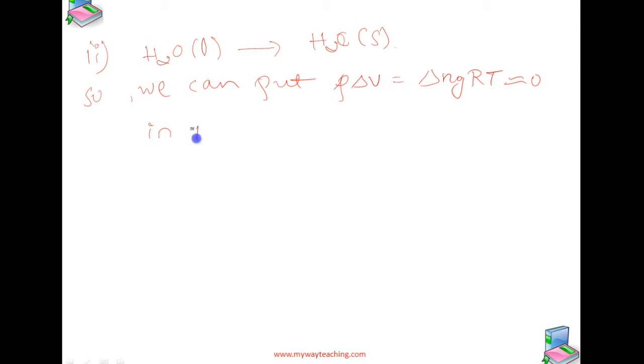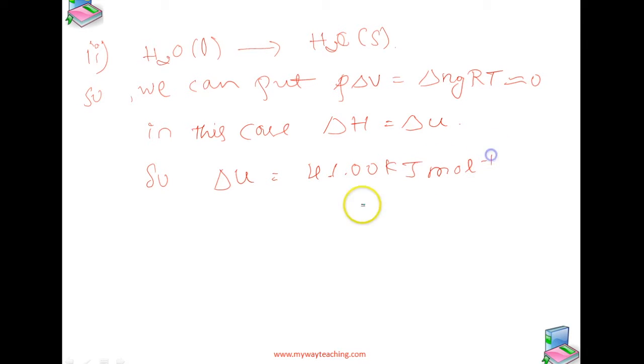So in this case, delta H is equal to delta U. So delta U is equal to 41 kilojoule per mole is the answer.